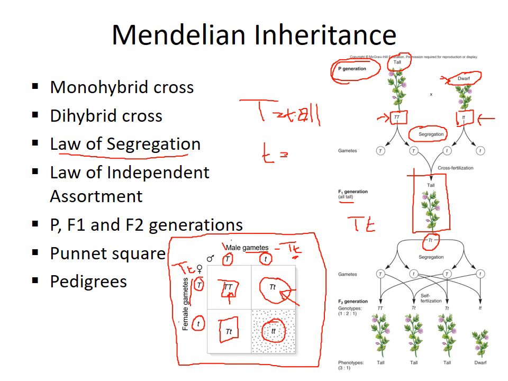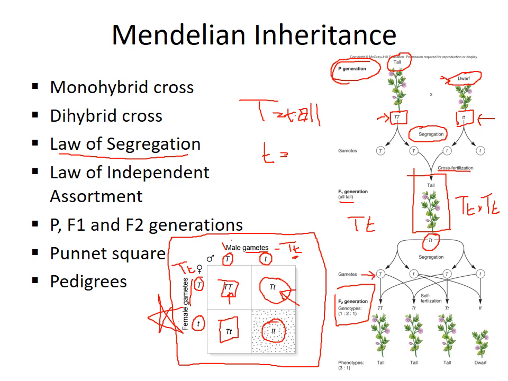And now to create our second F2 generation, we're going to do cross-fertilization. Cross-fertilization basically means that you're going to do two of your heterozygous mixes. So capital T, lowercase t, times capital T, lowercase t, which is what we did right over here. And when you did that, you're going to end up seeing that you have your gametes, just like we did last time.